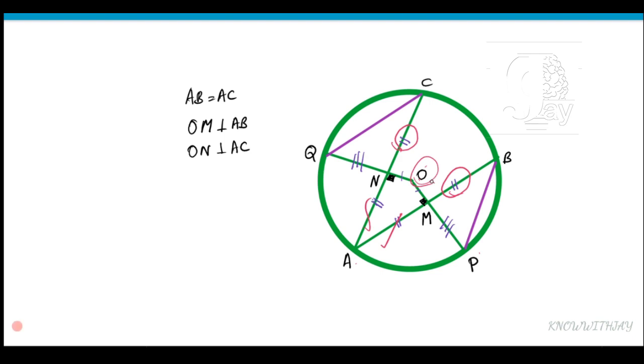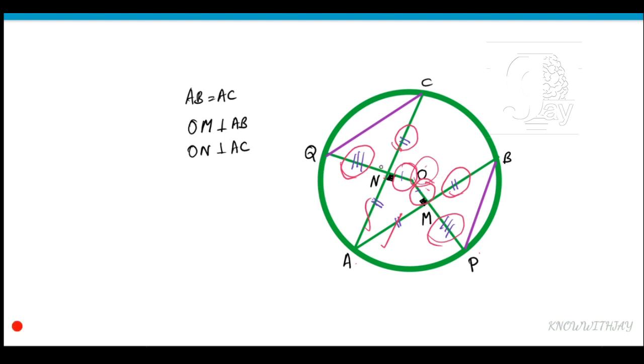If we subtract OM from OP, I get MP, and ON from OQ we get NQ. They are also equal because equal chords are equidistant from the center, and therefore OM and ON are equal. So if we subtract equal parts from the radius, whatever is left, that is NQ and MP, are equal.